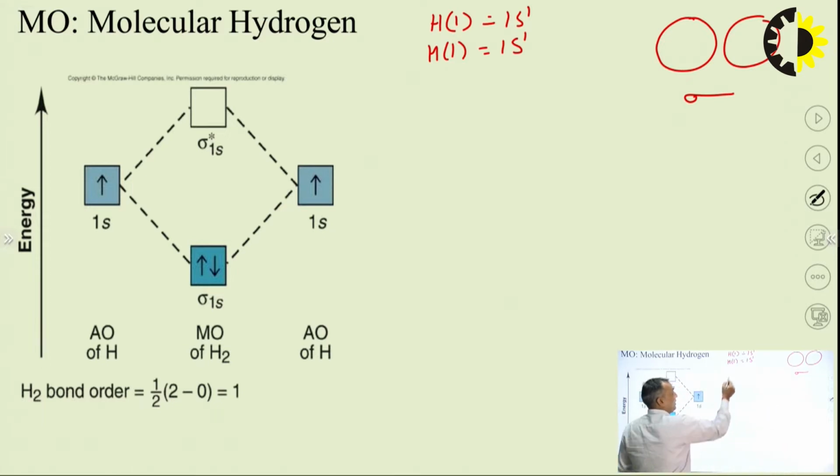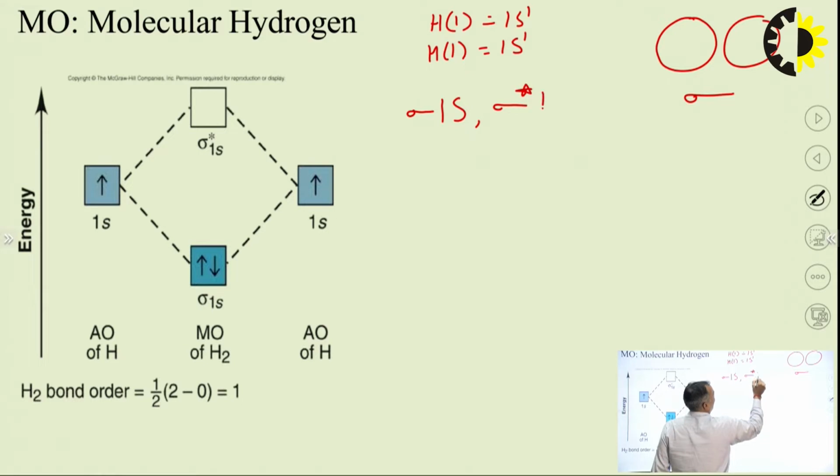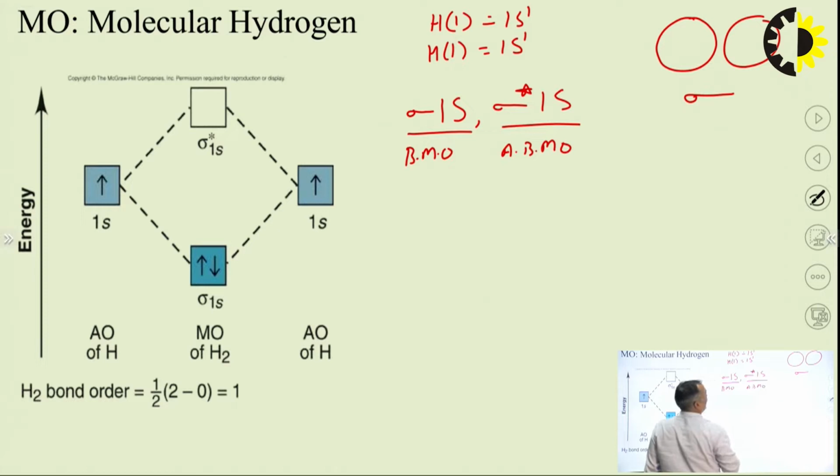This is named sigma 1s and the other one is sigma star 1s, where this is BMO and this is ABMO. Now how many electrons will fill? We have 2 electrons, that's why we will fill 2 electrons here.